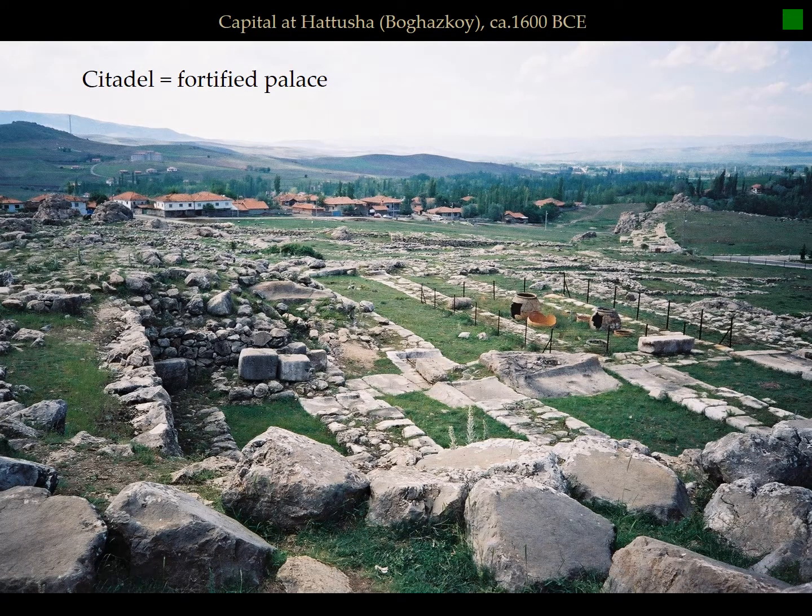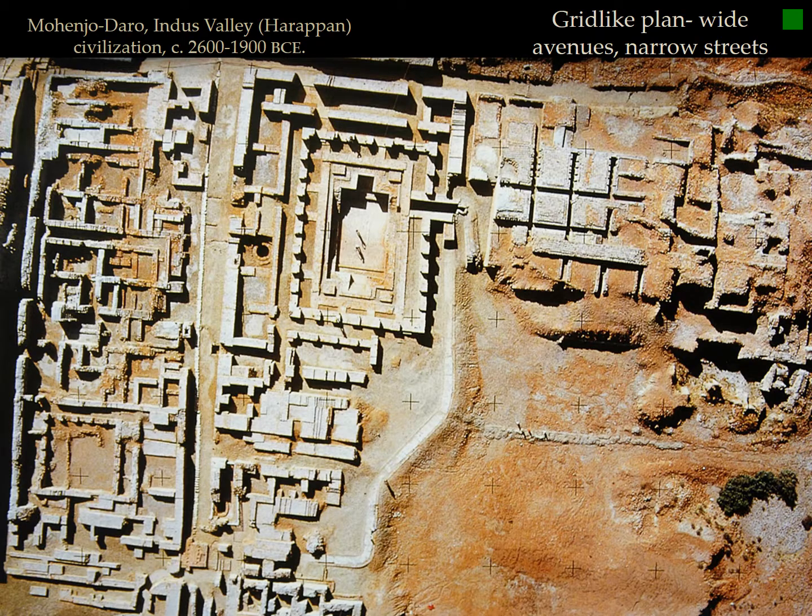The citadel is much like that seen at Hattusha for other civilizations like the Hittites, as a fortified palace. Hence, of course, it imposed its will and protected its resources from surrounding tribes. Its grid-like plan is laid out with wide avenues and narrower streets, as seen here from the satellite photo.